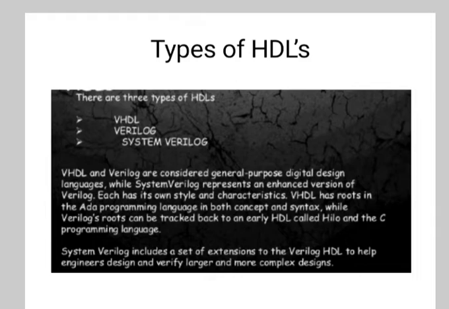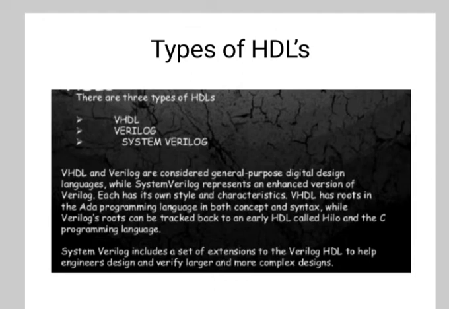In VHDL, procedures and functions may be placed in a package so that they can be used for any design, and in Verilog there is no concept of packages. A library is a store for compiled VHDL code, and for Verilog there is no concept of a library.